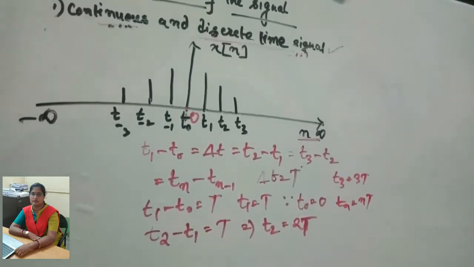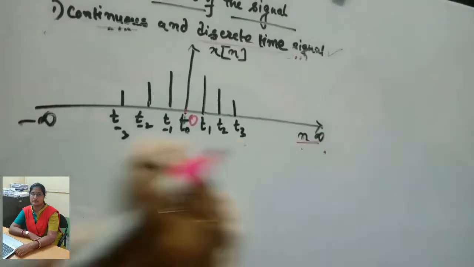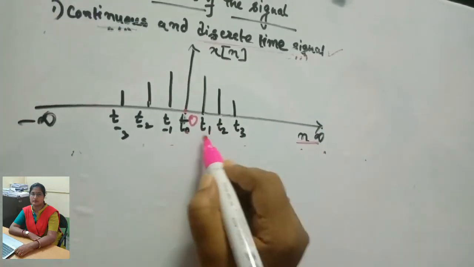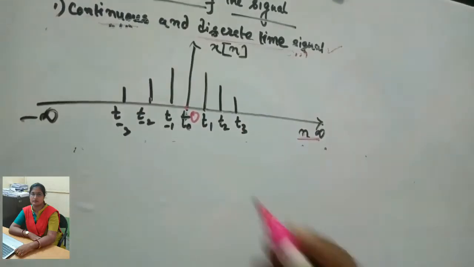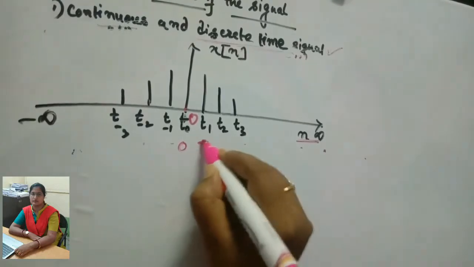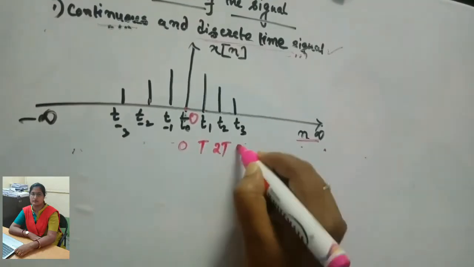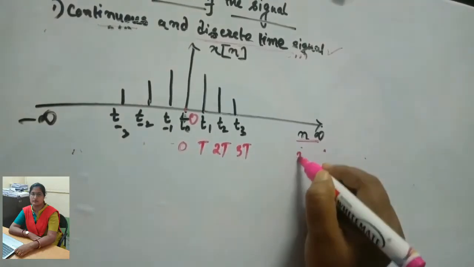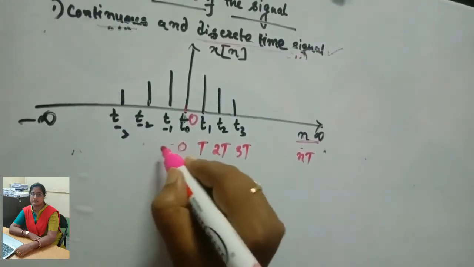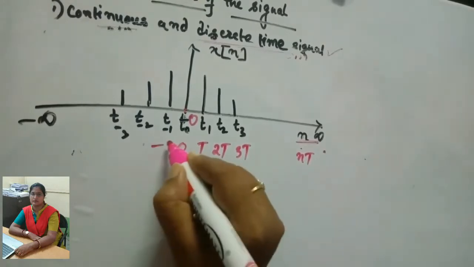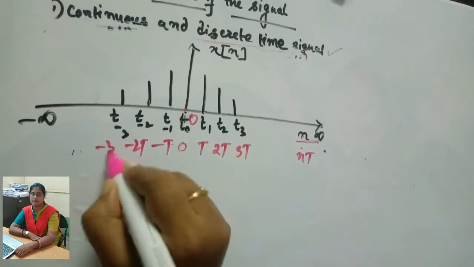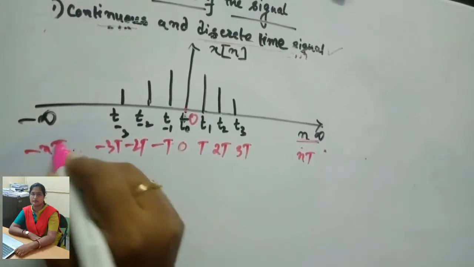So the values of t0, t1, t2, t3 we can write as 0, T, 2T, 3T, and up to nT. Similarly, for this side also, minus T, minus 2T, minus 3T, and up to minus nT.